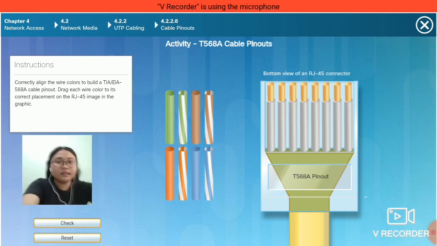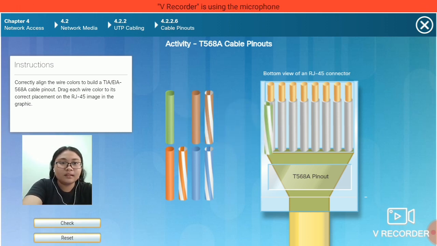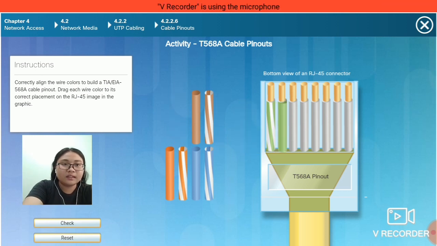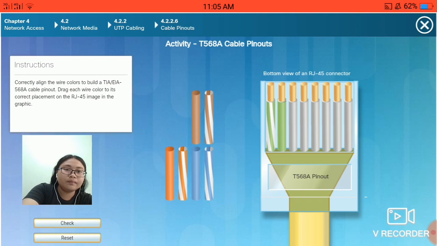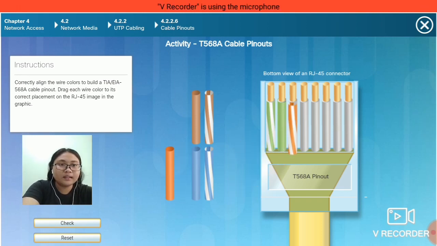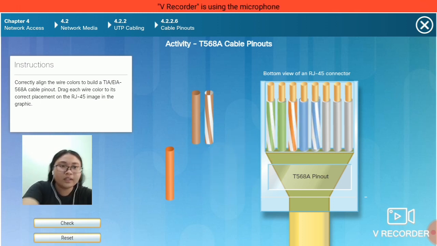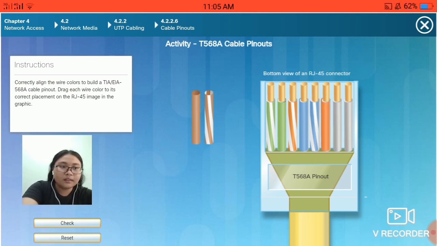The first one is this. The second one is this. The third one is this. The fourth one, the fifth one, the sixth one, and this.